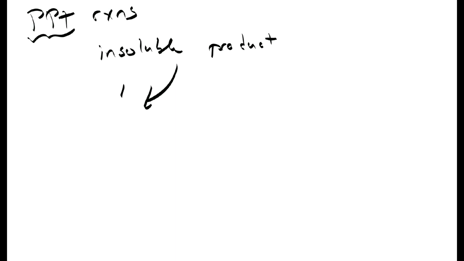If you have one, then you have a reaction, and you can write down a net ionic equation. If you don't have an insoluble product, then no reaction, and that's all you write. You don't have to, there's nothing to balance. There's no reaction, no equation.